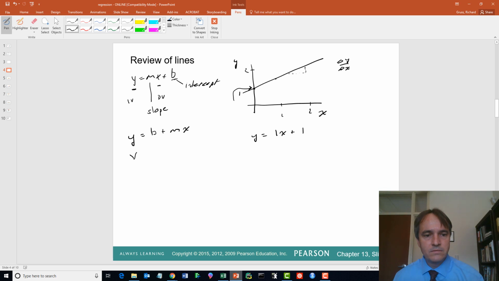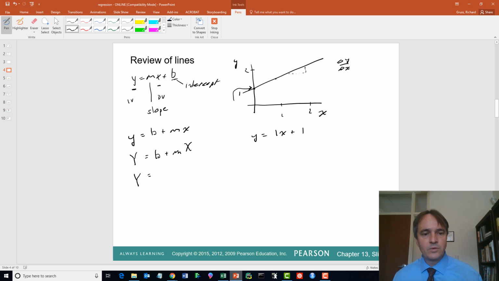We used uppercase letters to represent our random variables, so we'll do that too. We'll just do it one step at a time. So m times uppercase X.